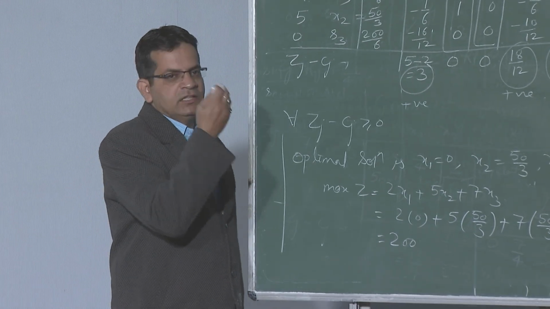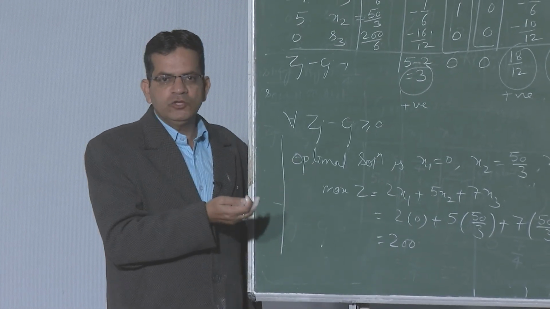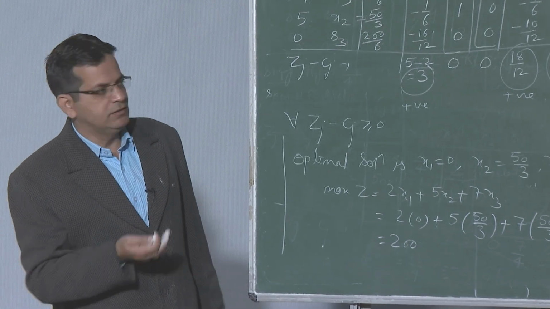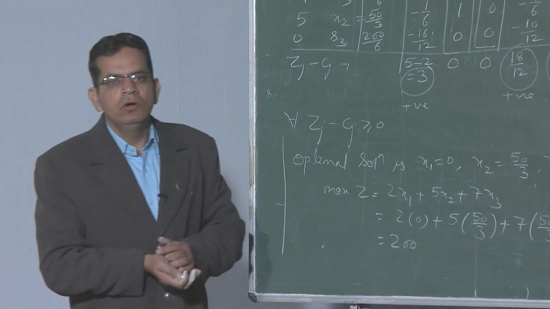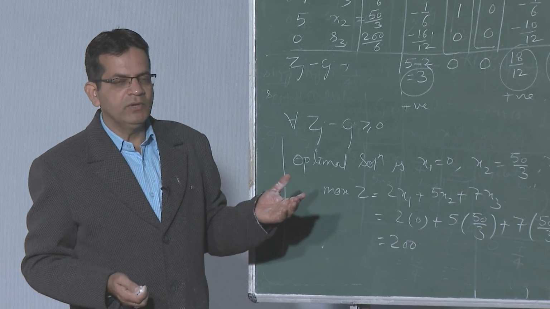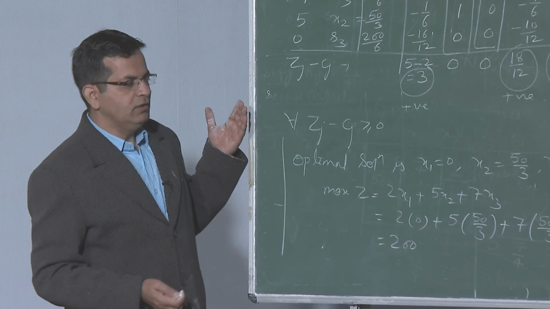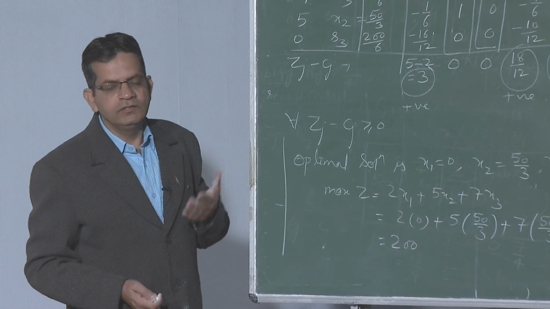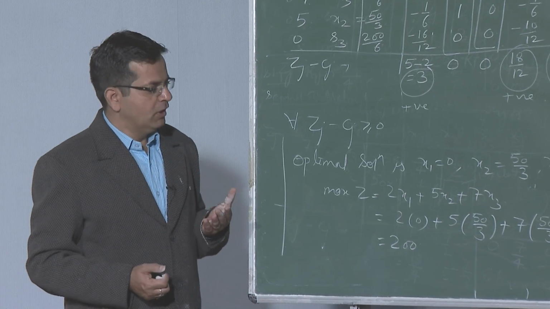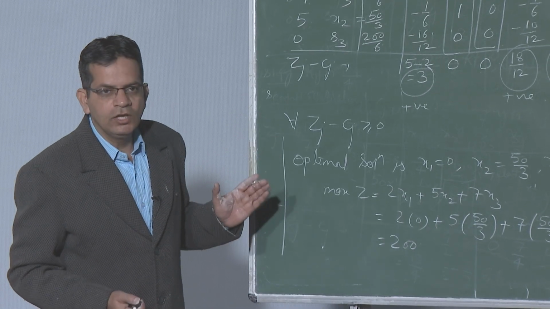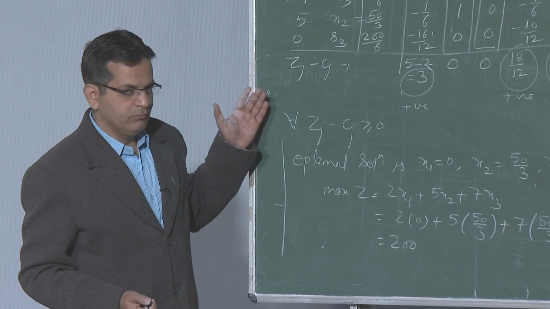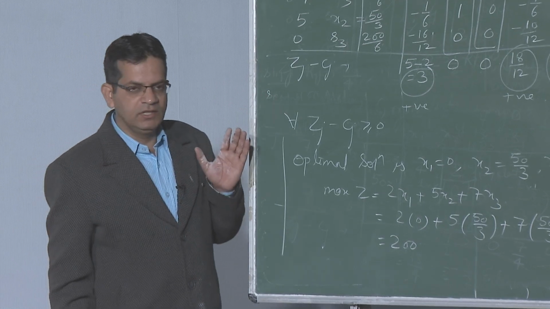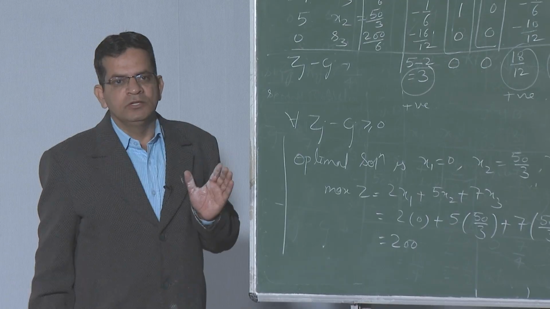We check Zj minus Cj, corresponding to the most negative Zj minus Cj we calculate the minimum ratio, where we have a key element, and corresponding to the key element the variable is the outgoing one. This is the procedure we need to adopt, and we find the solution of the LPP which has 3 variables and 3 constraints by the simplex method.